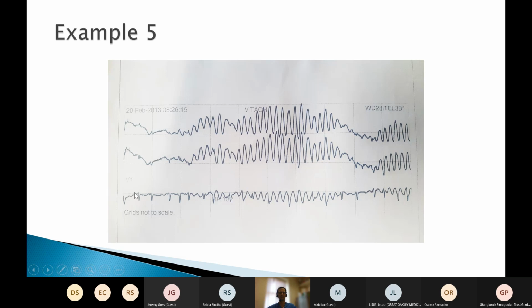Have a look at the third lead down. And remember, these are recorded simultaneously. So if you can see a QRS in lead 3, it's happening at the same time in these leads. It's just you can't see it. And can you see how there are R waves distinguishable within this noisy band?